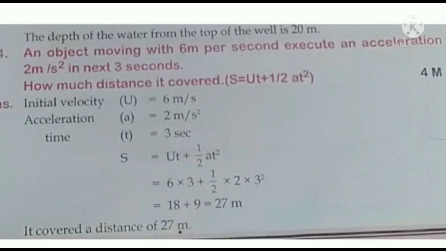Then 6 into 3 plus half into 2 into 3 square. We know that 6 3s are 18. Here 2 is cancelled. So 3 square means 9. What is the sum of 18 plus 9? 18 plus 9 is equal to 27 meters.